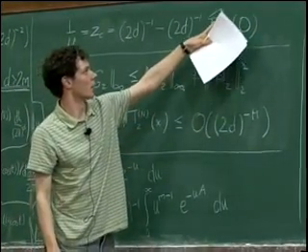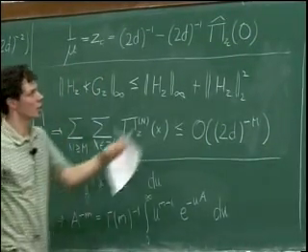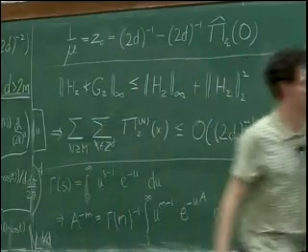And the Fourier transform is just bounded by the L1 norm here. So this is how we get order (2d) to the minus 2.